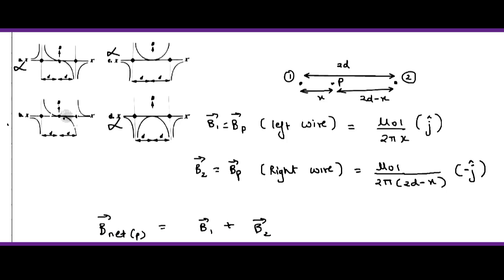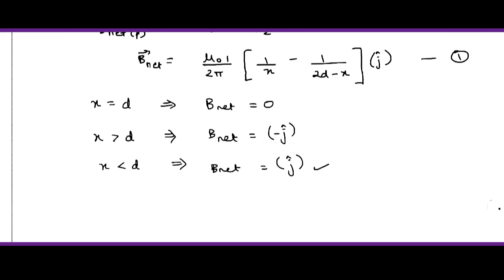And for wire 2, the current is coming outward, so the magnetic field direction on the right side will be upward, and it is shown along the upward y-axis. So this option is the correct answer to this question. I hope you have understood the concept, and thank you for watching.